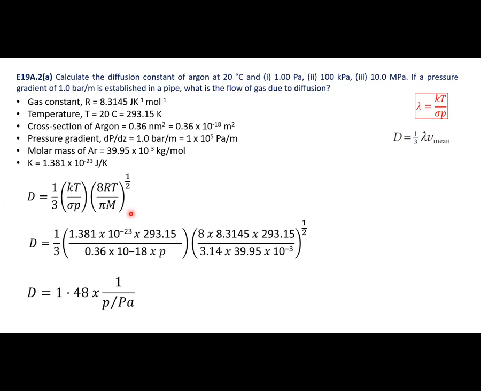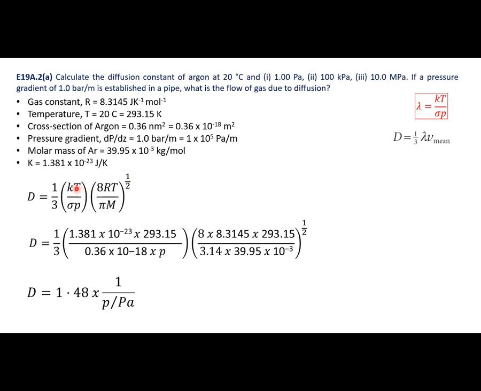We derived this equation that relates the diffusion coefficient to different parameters like temperature, pressure, and the collision cross section in our first problem. So I just pulled it here. We know all these parameters except for the pressure. When we know the pressure, that's what we need to input for different pressures and then find the diffusion coefficient. So let's try to find a generalized equation.